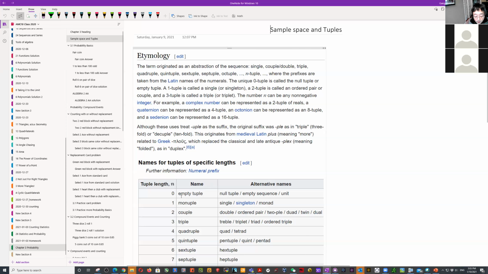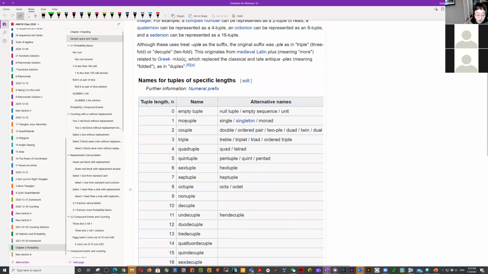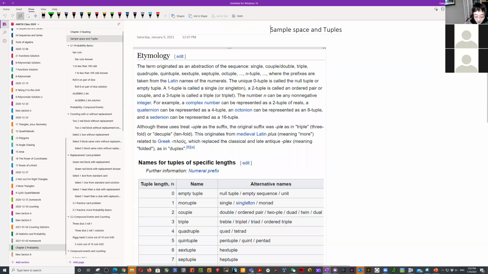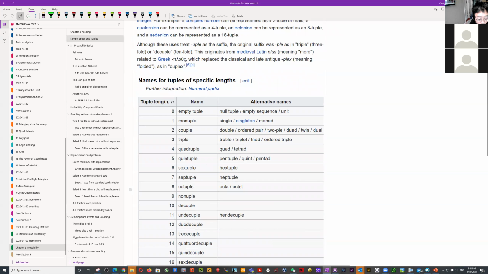So here in math, even for the empty tuple, we have a terminology called null tuple, and then we have single or monuple, couple, triple, quadruple, quintuple, sextuple, septuple, octuple, nonuple, decuple, undecuple, duodecuple, tridecuple, and it just keeps going on.